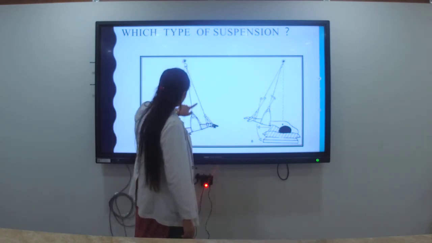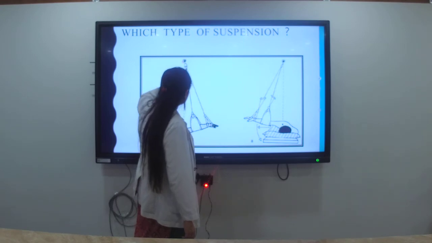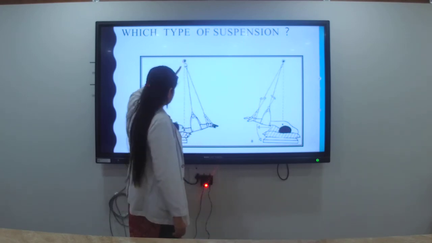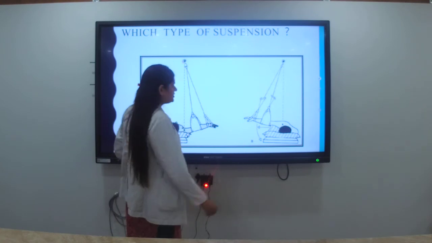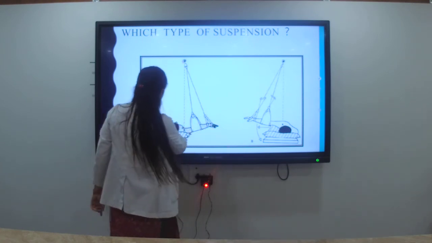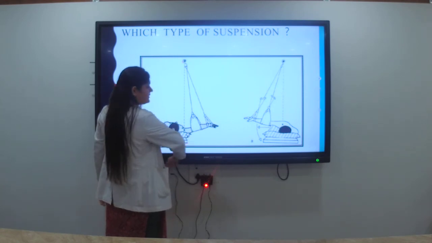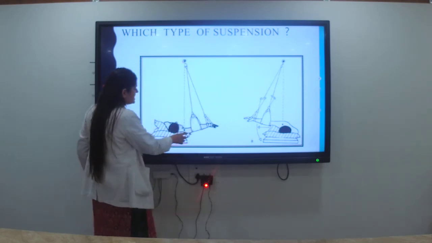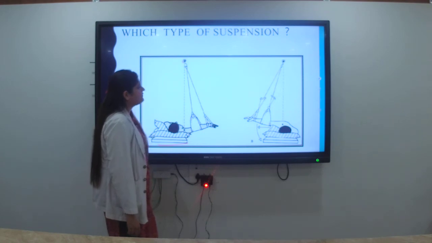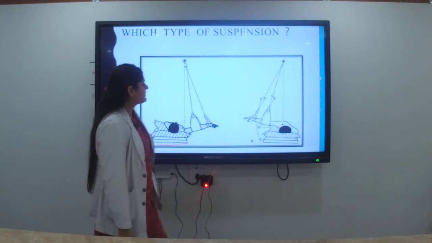This is attached to one rope here, this is attached to the second rope here, to one common S hook. And here we can bring about abduction and adduction, because the patient is placed supine, and abduction and adduction movements can be freely brought about. So this is a kind of axial suspension.